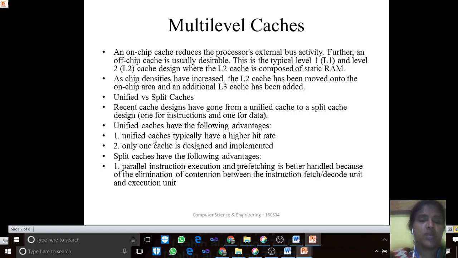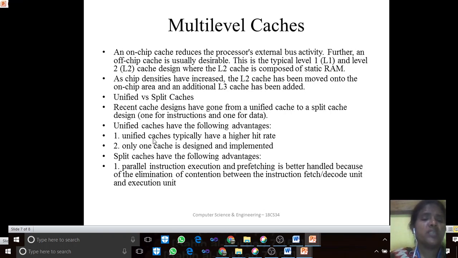Multi-level caches. An on-chip cache reduces the processor's external bus activity. That means you have level 1 cache on the processor chip, which will obviously reduce the bus activity of fetching data from outside, from the main memory, into the level 2 cache. This is the typical level 1 and level 2 cache design, where level 2 is composed of static RAM.